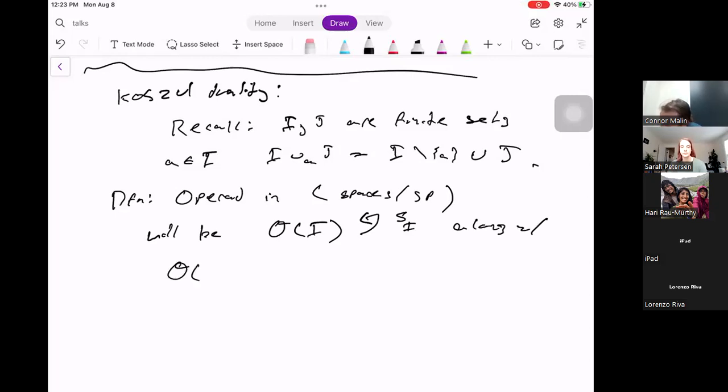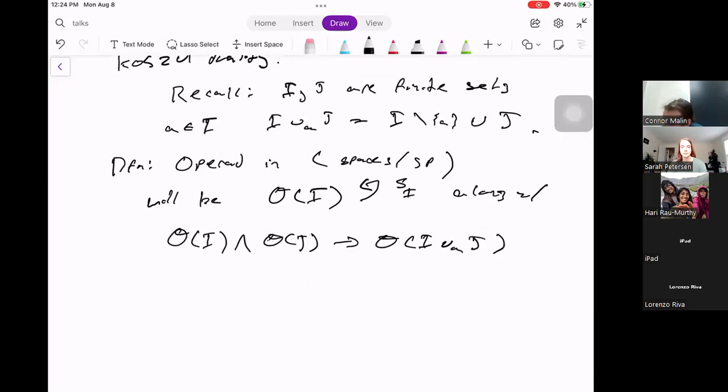So I'll have O(I) smash O(J) to O of I union along a with J. And these should satisfy various associativity plus equivariance.